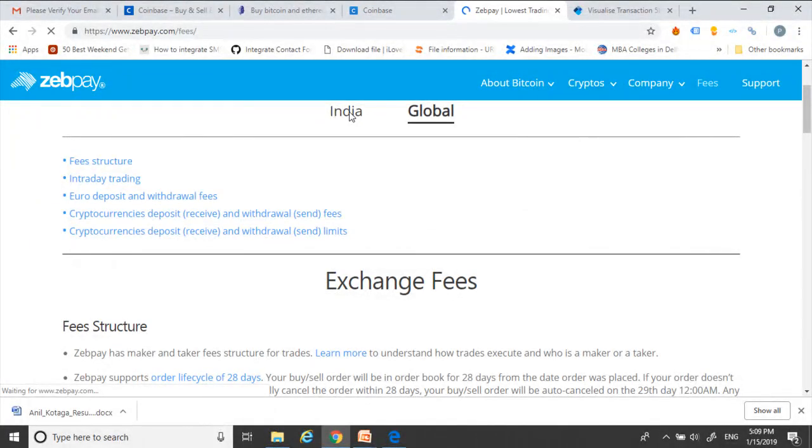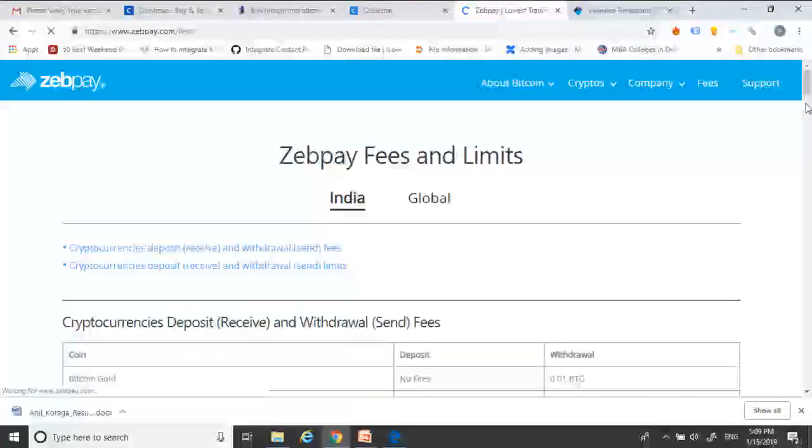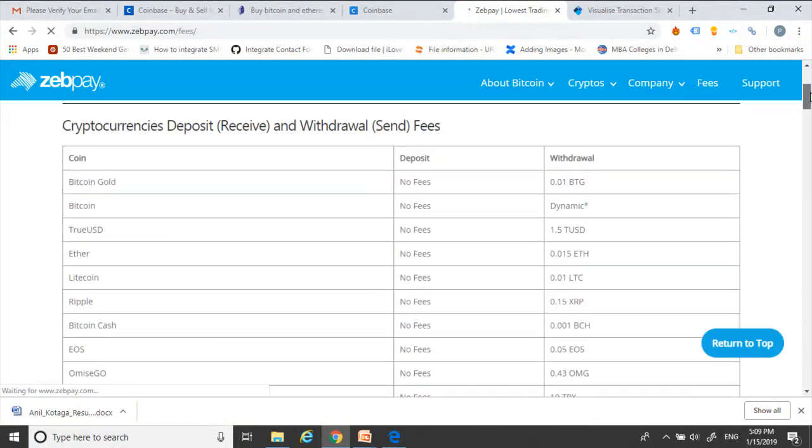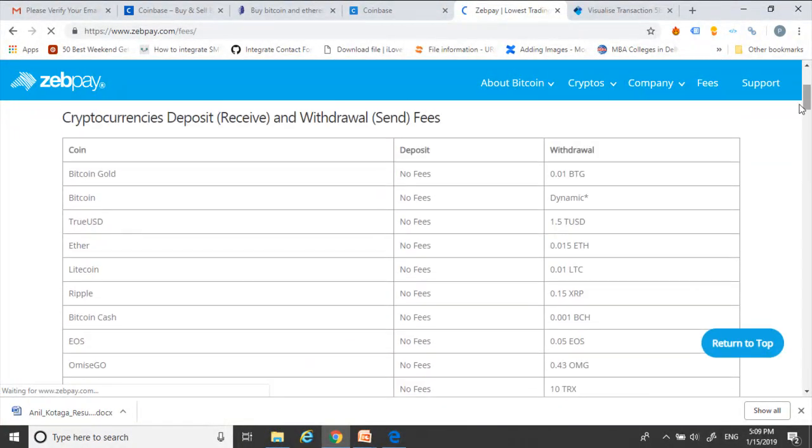JapPay is widely used and easy, but JapPay has high withdrawal fees. If you withdraw Bitcoin Gold, it will ask you 0.01 BTG. That's very high. If the current Bitcoin price is 9,000, that's around 1% of that, so around 90 rupees they will be asking for the withdrawal. That's high, and this is again dynamic.